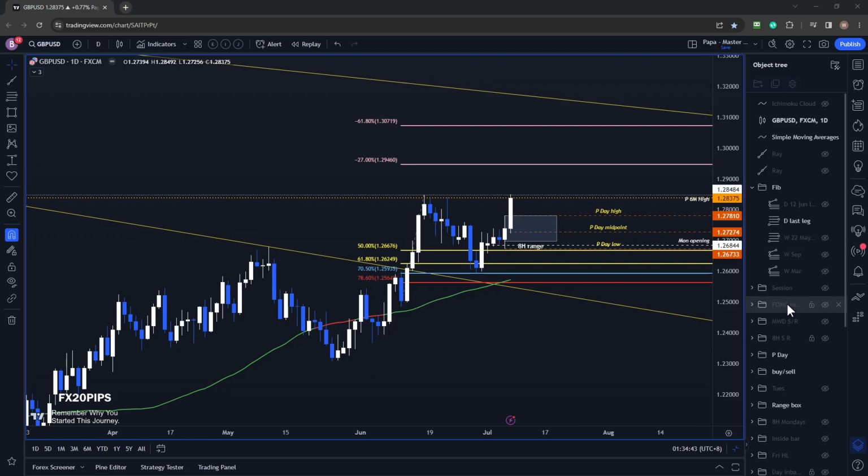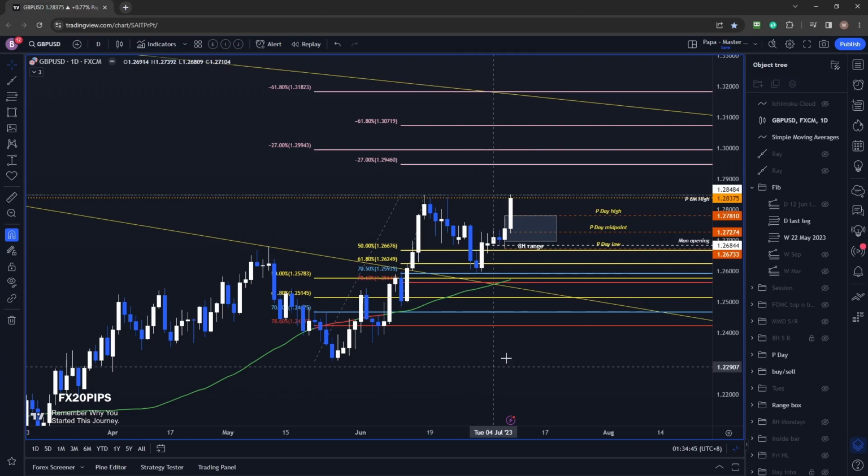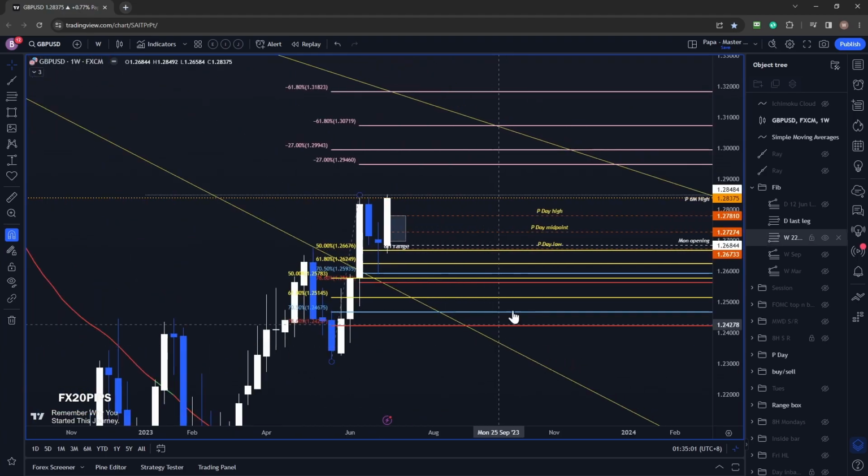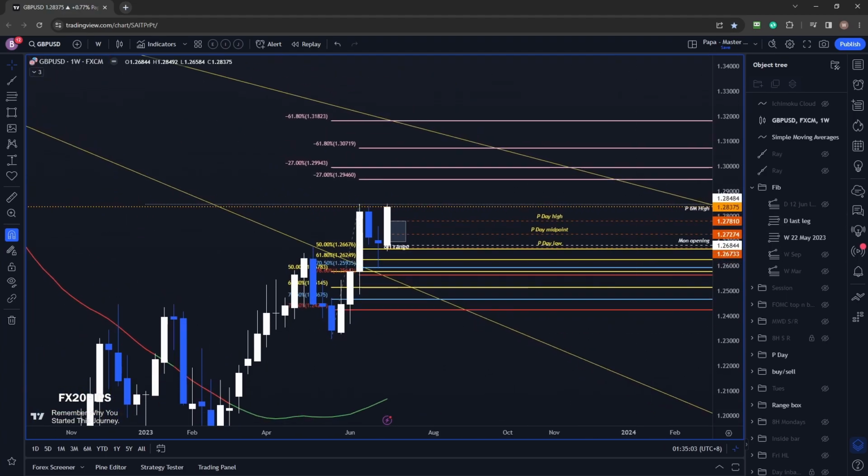Let's look at the 22nd May weekly level, which is just here. This is the FIB. In the weekly time frame, this is the expansion and retracement, so based on the weekly, it will be these two levels.